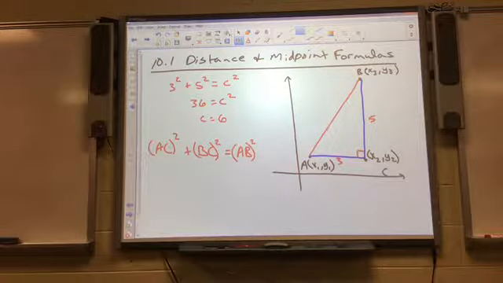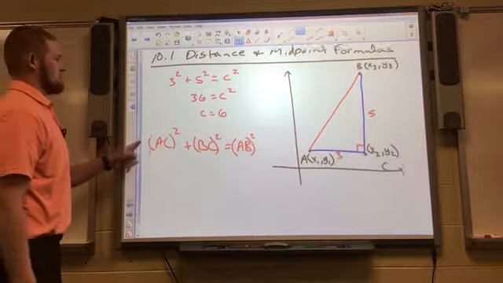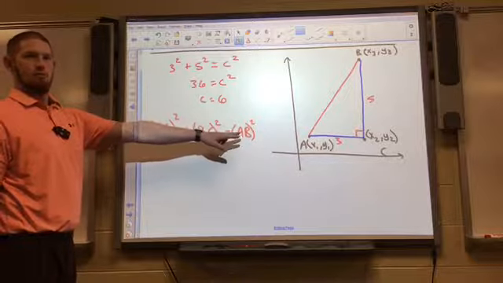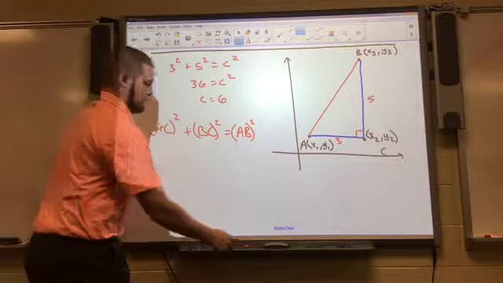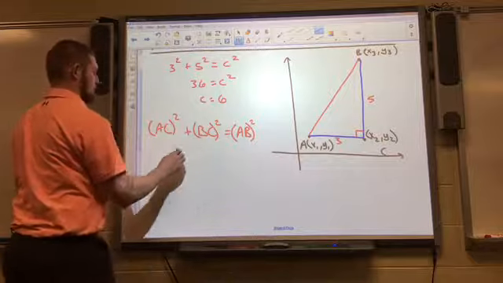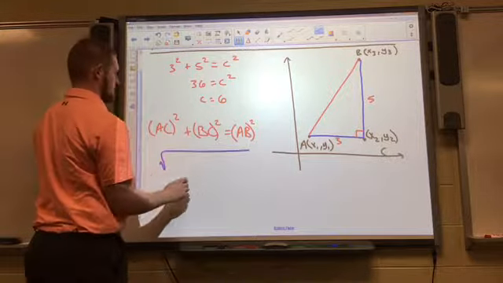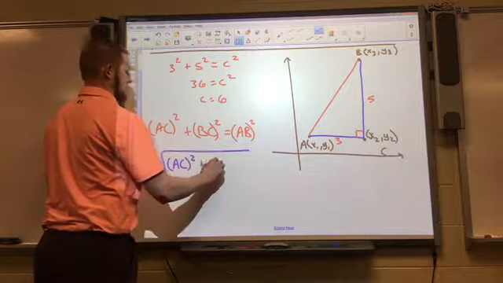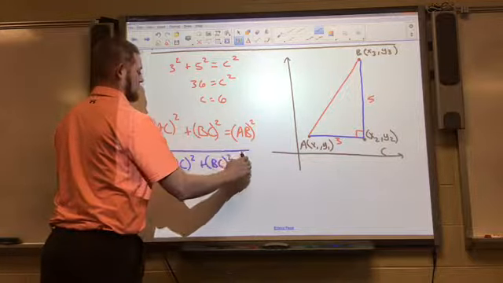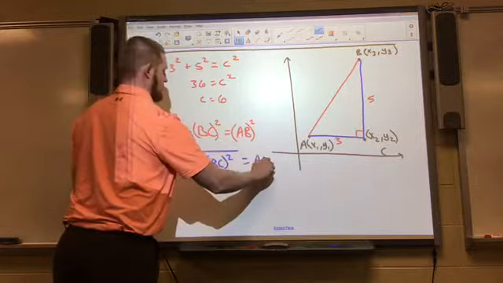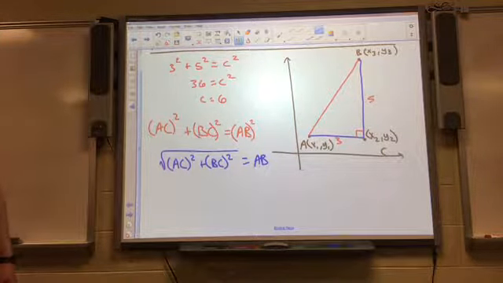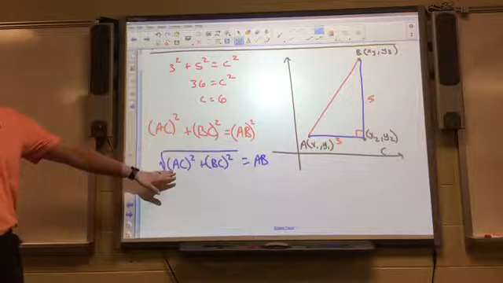That's just Pythagorean theorem. Can I get AB by itself? By doing what? Square rooting it. So I square root it. Now I have the square root of AC squared plus BC squared equals AB. This is just your distance formula.